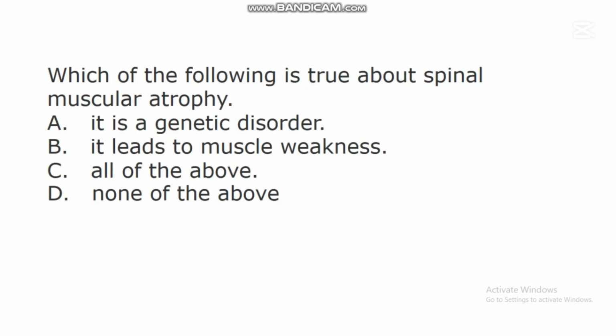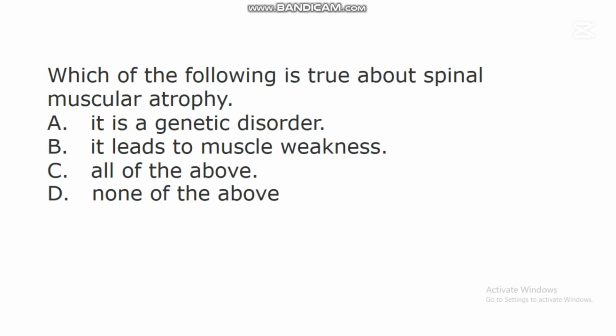The next question says, which of the following is true about spinal muscular atrophy? A. It is a genetic disorder. B. It leads to muscle weakness. C. All of the above. D. None of the above.